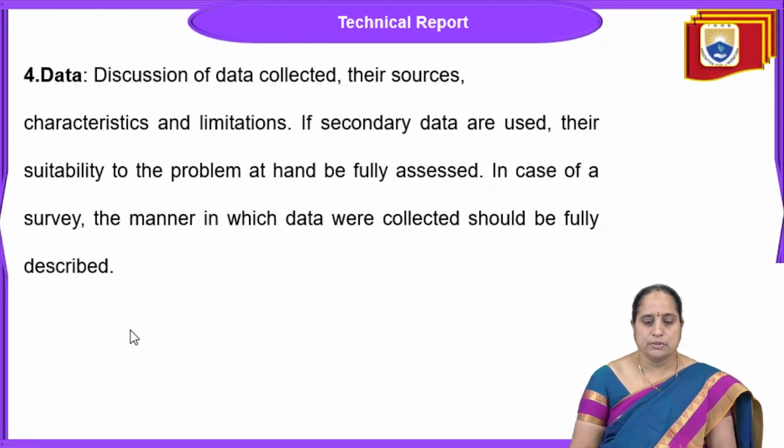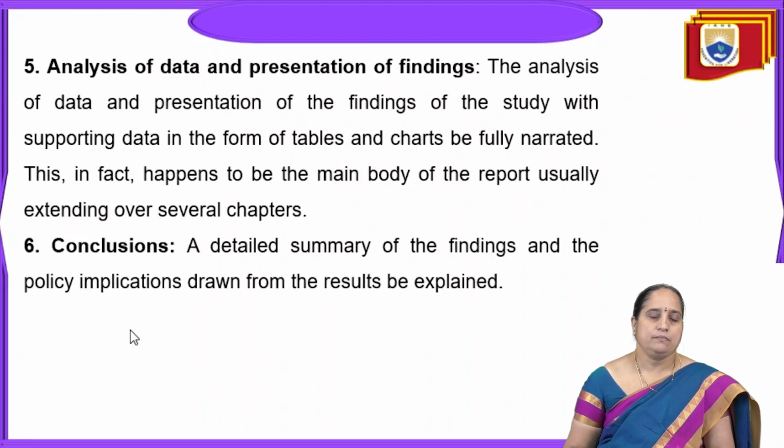In case of a survey, which is known as primary data, the manner in which the data were collected should be fully described. Means whether we have collected the data by conducting a survey or by way of personal interviews, by observation method. So like that we have to mention clearly the mode of data collection under data.